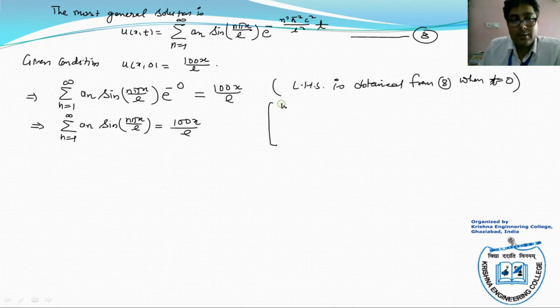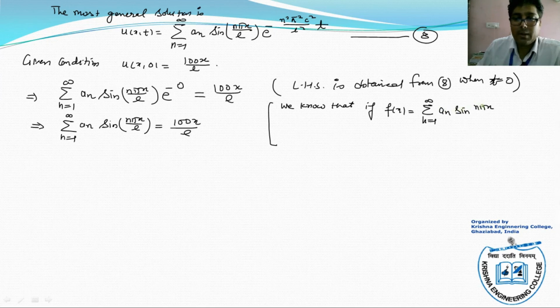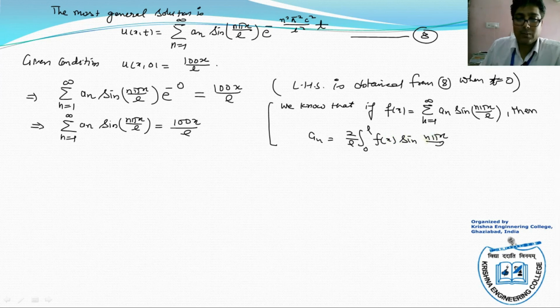We know that if f(x) is equal to the sum from n is equal to 1 to infinity of a_n sin(n pi x by L), then a_n is equal to 2 upon L, integration from 0 to L of f(x) sin(n pi x by L) dx.